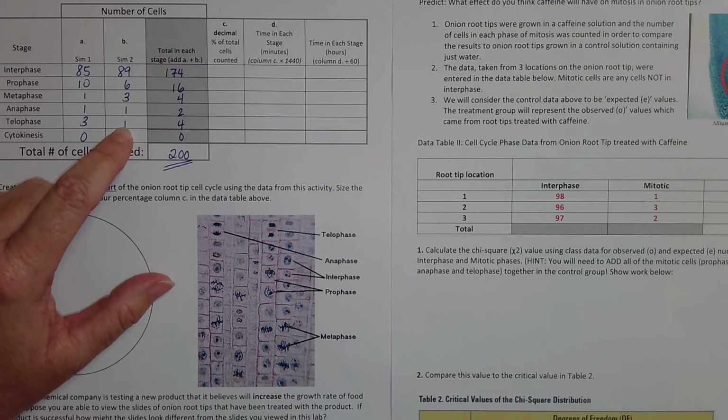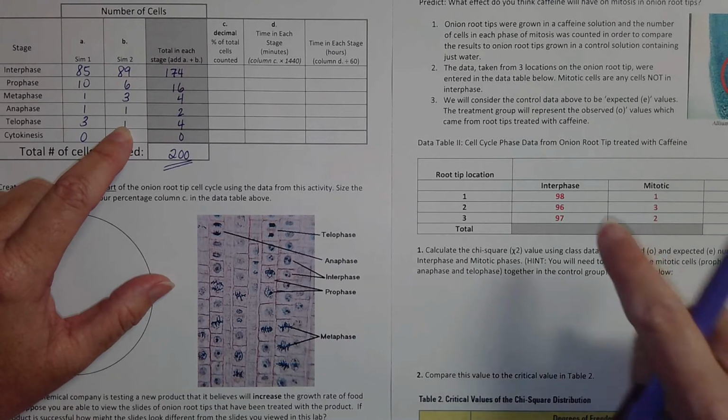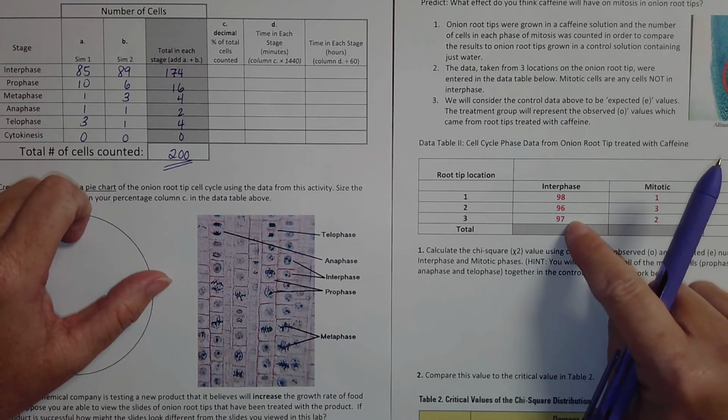So this was just kind of your control. These were mitosis rates that you figured out based on just normal cell division with no treatment.